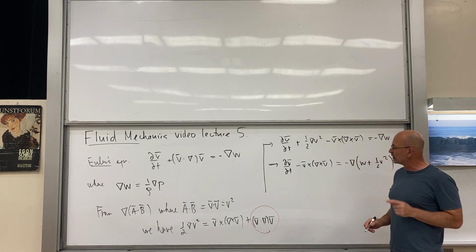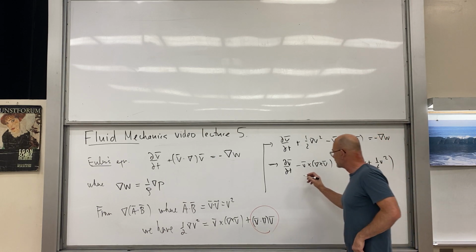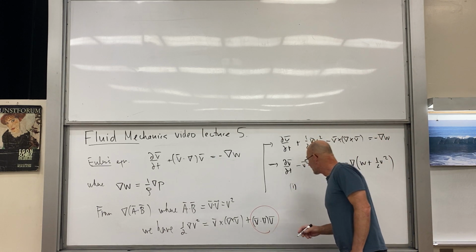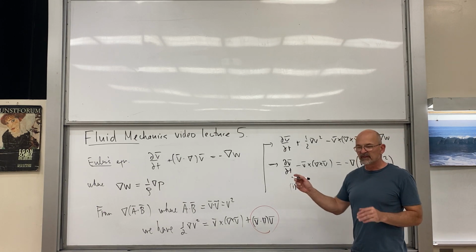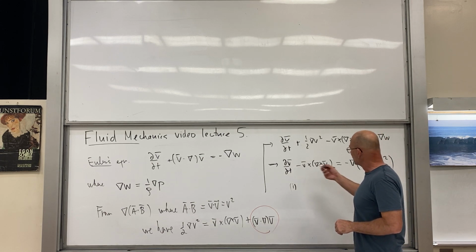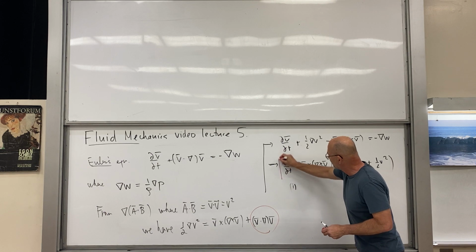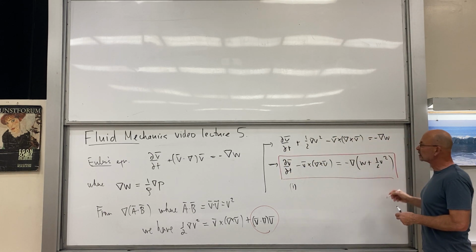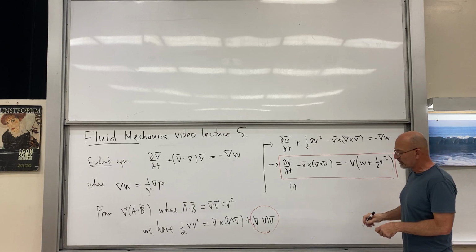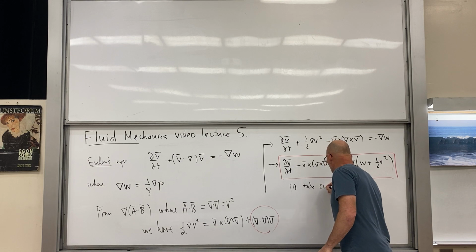We want to do 2 things with this. First, we're going to take the curl of both sides. And this is a formal development. So yeah, I'll go ahead and put a box around here. This is just an equivalent form of Euler's equation, take the curl of both sides.